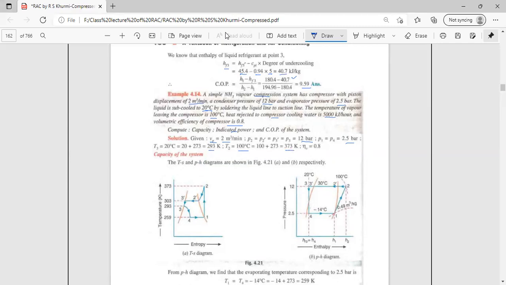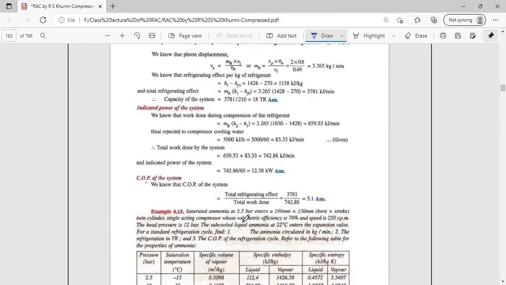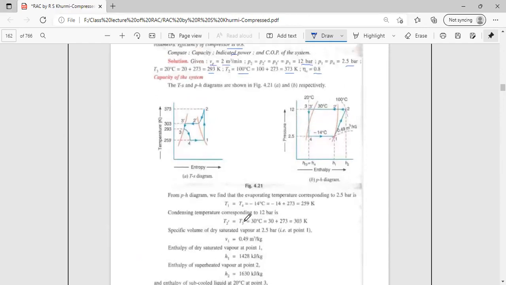And the volumetric efficiency is 0.8, meaning the compressor has a volumetric efficiency of 80% itself. Now through the TS and pH diagrams, entropy and enthalpy, we see the temperature at point 1 is given. We put the temperature at point 2, the end of compression.